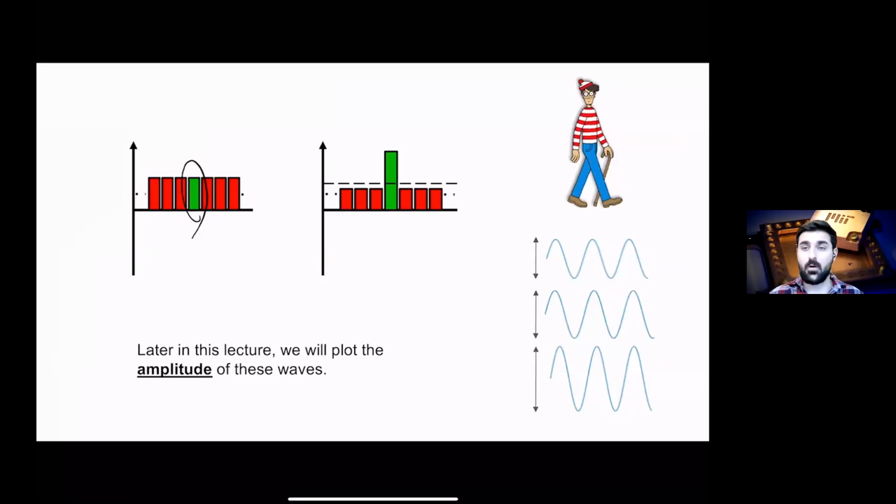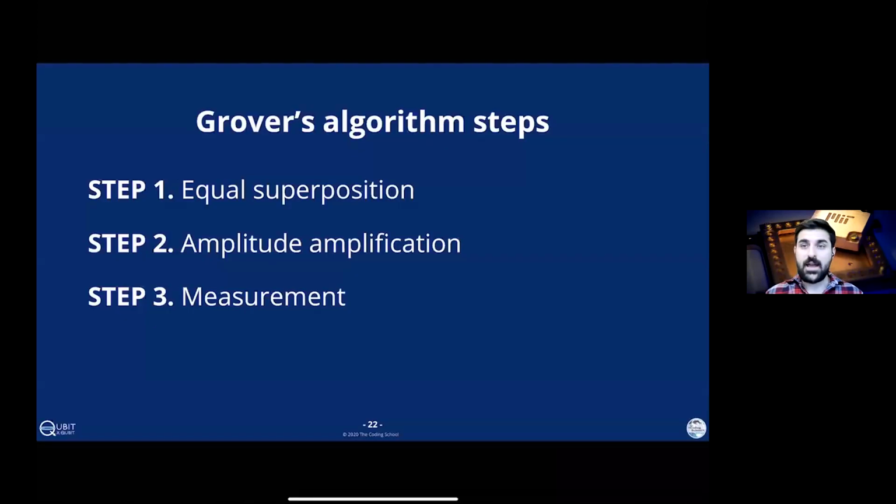We start by all the answers having the same amplitude, and as we perform the iterations of our algorithm, we do them such that all the incorrect answers destructively interfere and go down in amplitude, and the correct answer goes up in amplitude. Okay, so let's see how this is done.